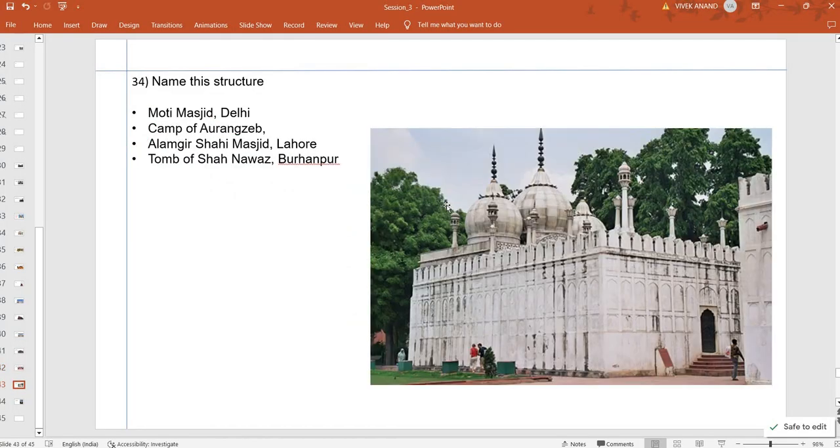Now next, move to the next question. This is, name this structure. Moti Masjid, Delhi. Why Moti Masjid?